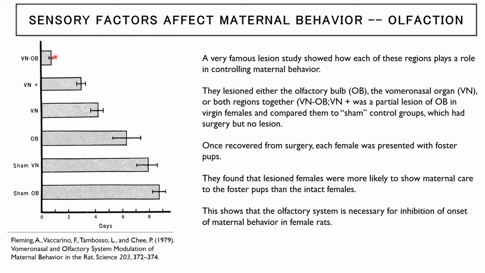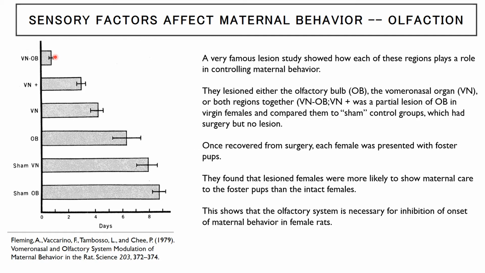But if you eliminate this smell system, they can't recognize kin from non-kin, and now all of a sudden they're more likely to give maternal behavior to infants because the other stimuli, the whining, the touch and the warmth, all of those factors will induce them to engage in mothering behavior, because they don't necessarily smell that it's not theirs.